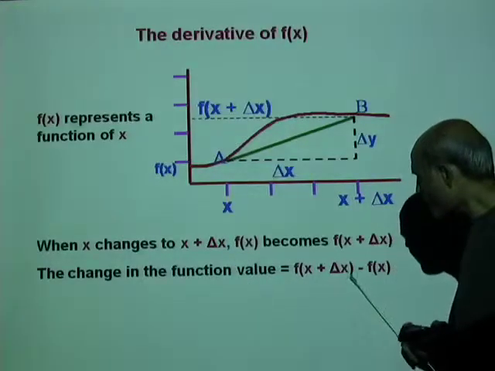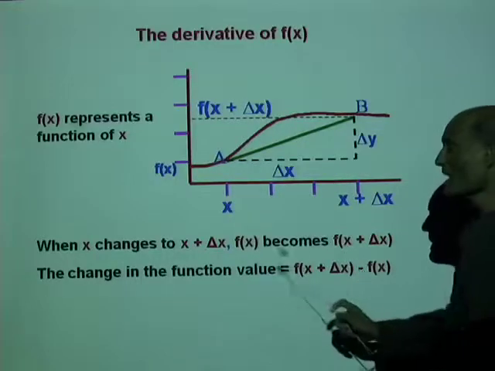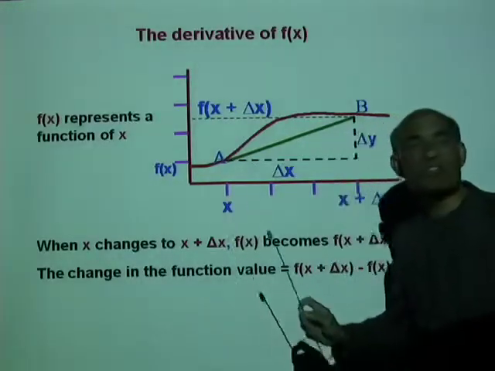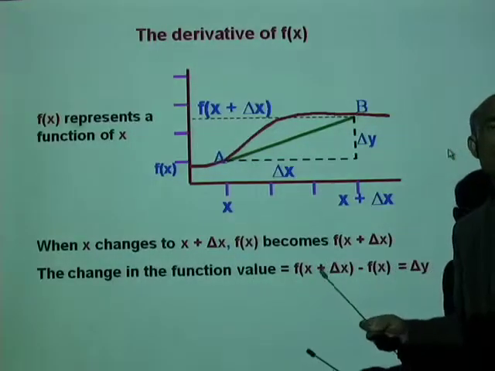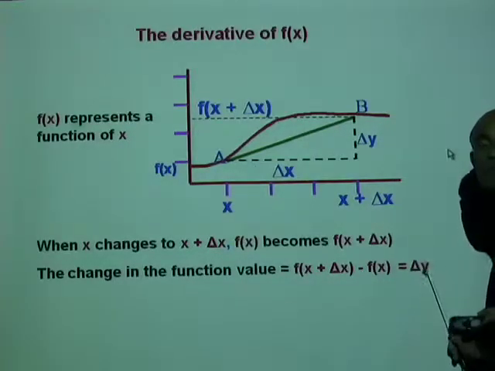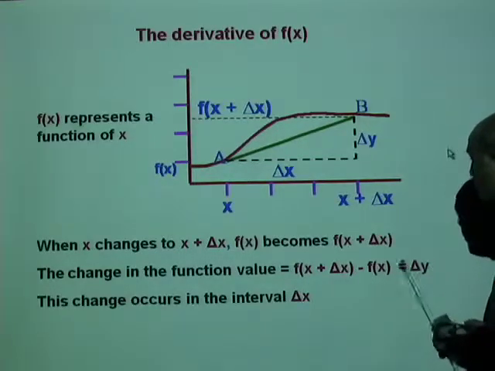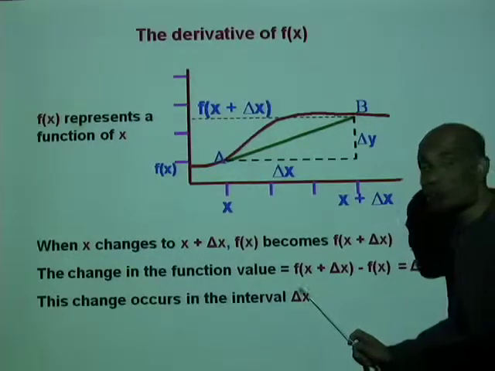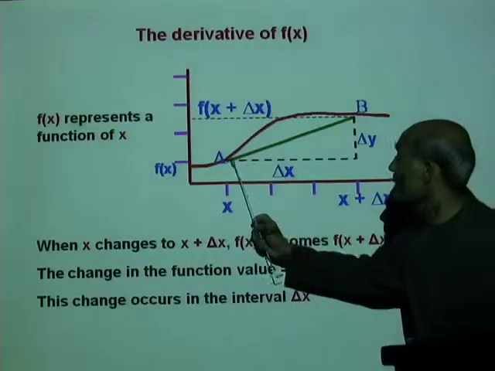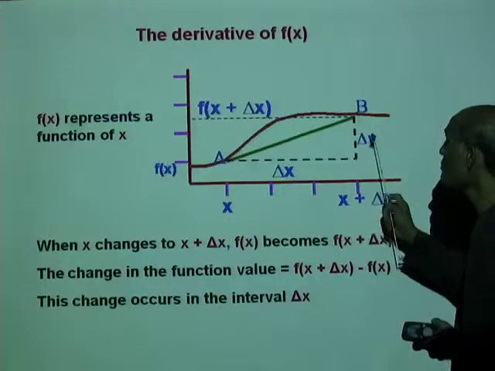So f of x plus delta x minus f of x is a measure of the change in the function value or a change in the output, and we represent that by delta y, the change in the output. And this change in the output occurs when the input changed by delta x. So this is the change in the input, this is the change in the output.